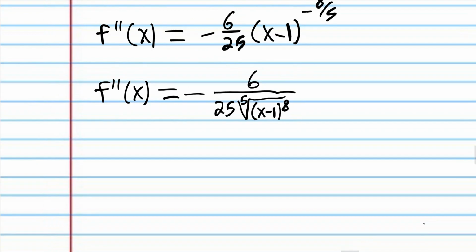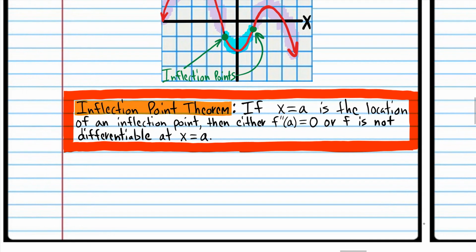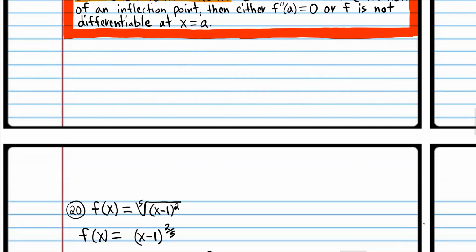If it were equal to 0 somewhere, then there would be an x in the numerator, but there isn't. But there is an x value that makes this function not differentiable. Remember, the inflection point theorem tells us that if x equals a is the location of an inflection point, then either the second derivative is equal to 0 at that x value, or the original function is not differentiable at x equals a. But look at the first derivative.